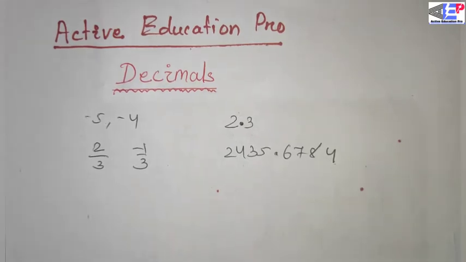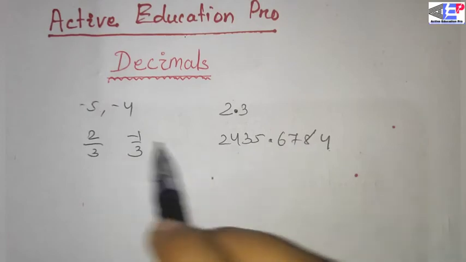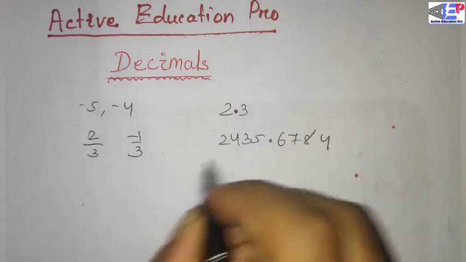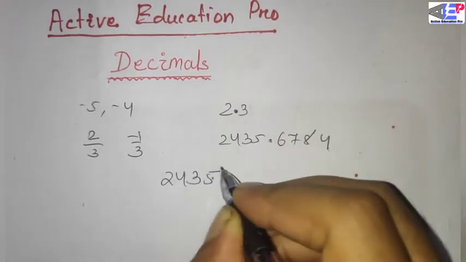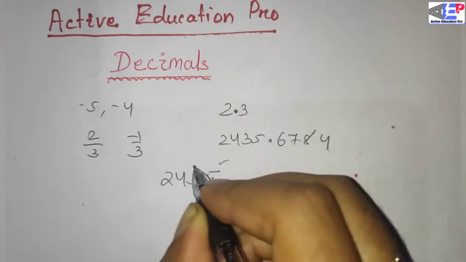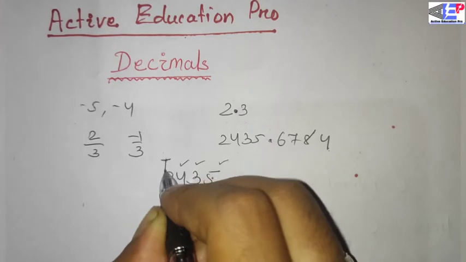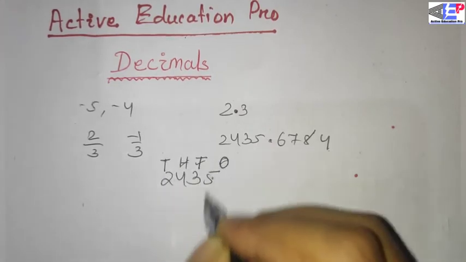Then, how to read a decimal number, how to say the number name of a decimal number. Normally suppose this number is 2435. This is the ones position, this is tens, this is hundreds, and this is the thousands position.